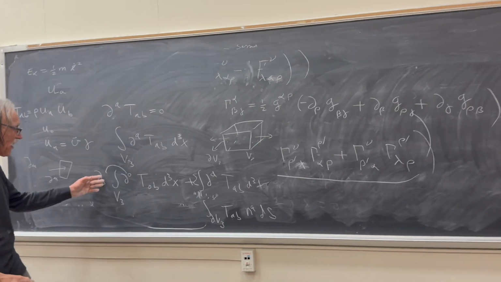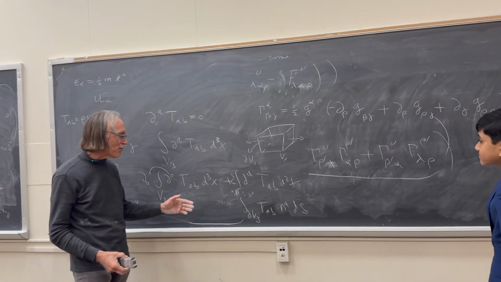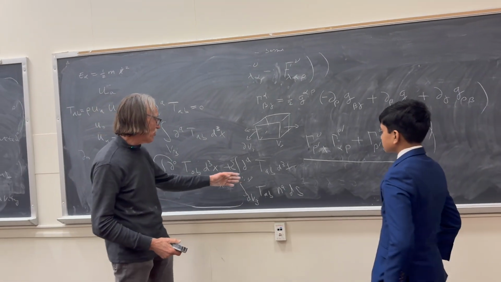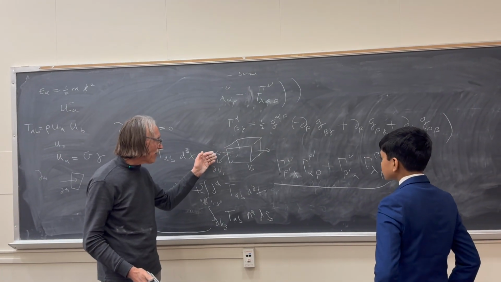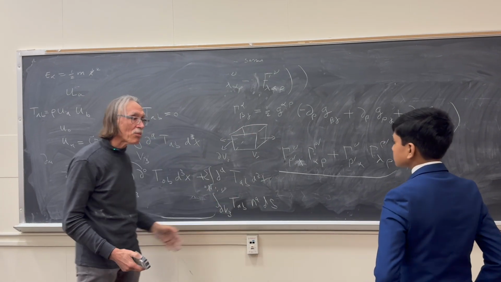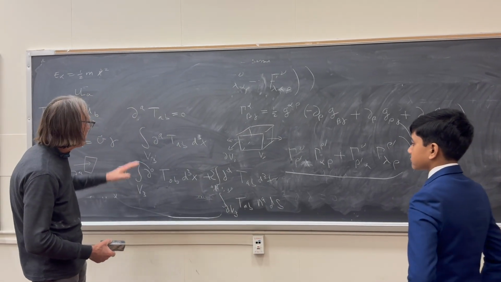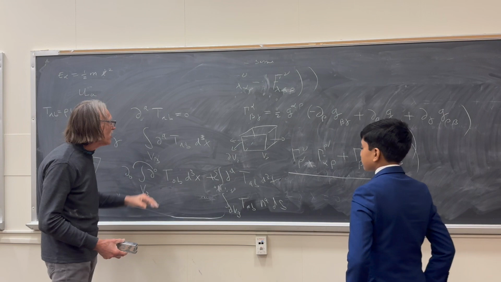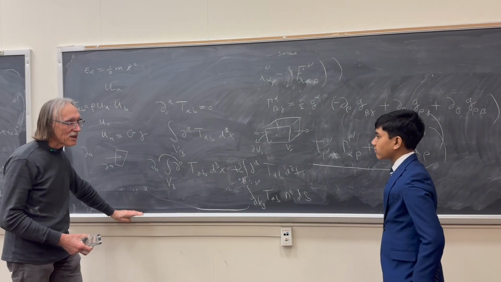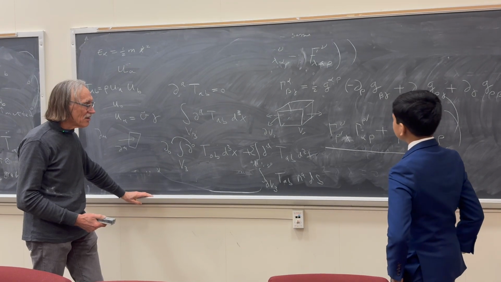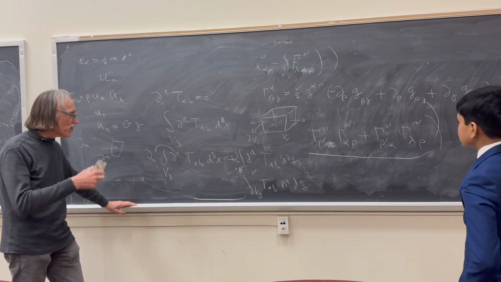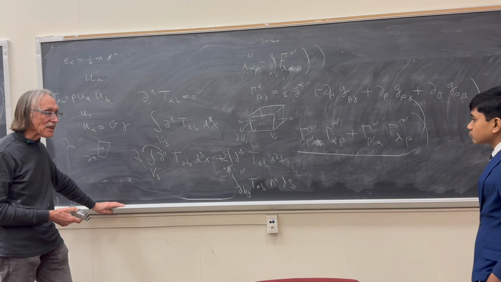So what it says is that the time change of the momentum is equal to the difference of the momentum that flows into the box and out of the box. So that is how you basically can interpret this conservation relation. I see. So that is what you really mean by the physics.